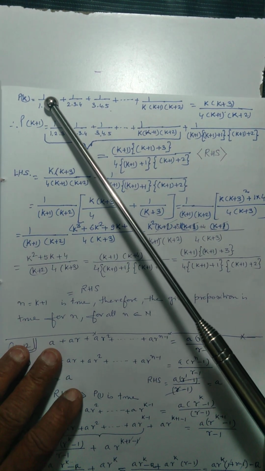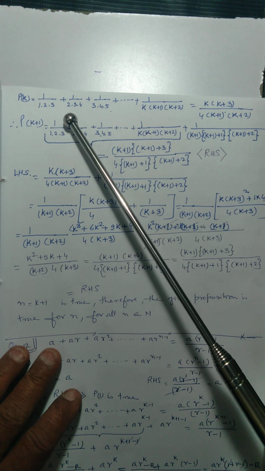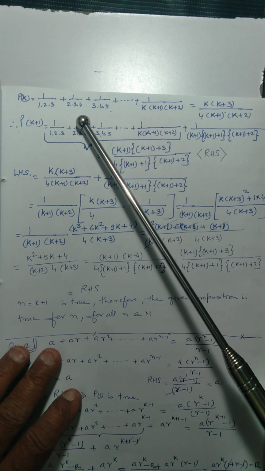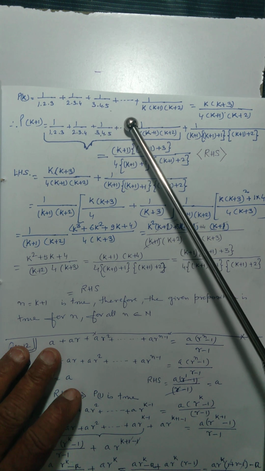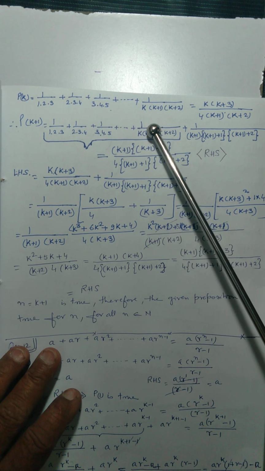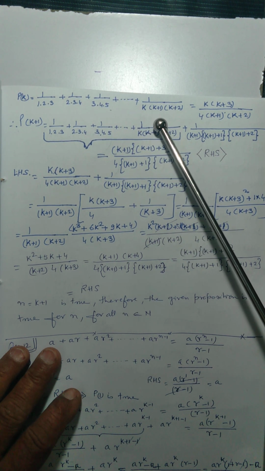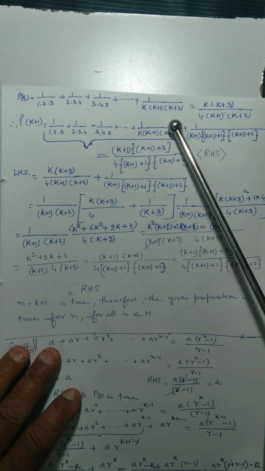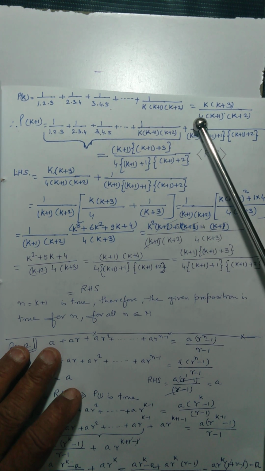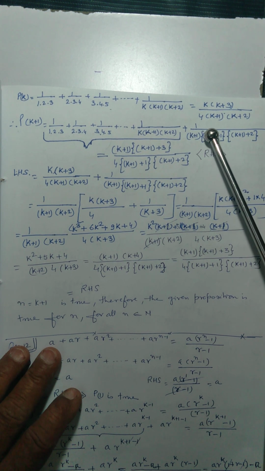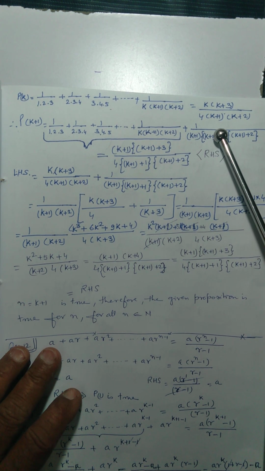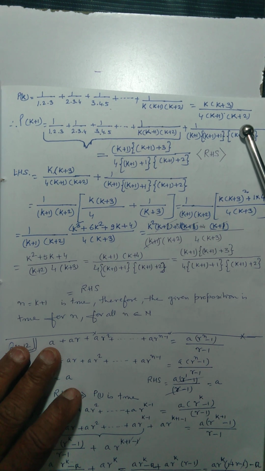Pk is equal to 1 upon 2 into 3 plus 1 upon 2 into 3 into 4 plus 1 upon 3 into 4 into 5 plus dash dash plus 1 upon k into k plus 1 in the second bracket k plus 2, and it will be equal to k into k plus 3 whole divided by 4 in the first bracket, that is k plus 1 and k plus 2.